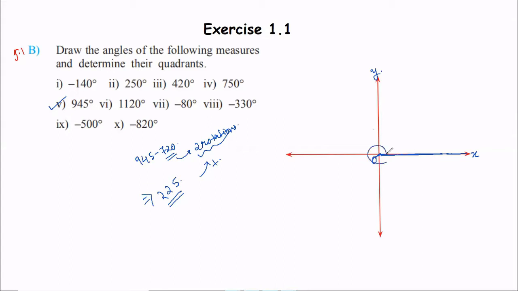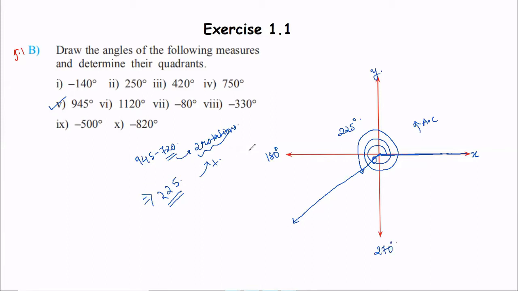One, two, and after that we will stop somewhere in the third quadrant. That is where our angle lies. This will be 225 degrees. It lies between 180 degrees and 270 degrees in the anti-clockwise sense, over here.